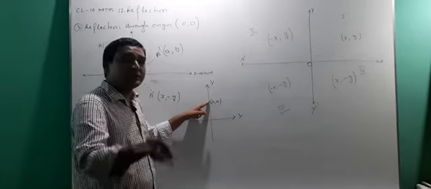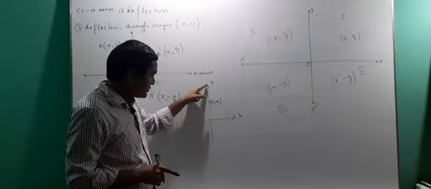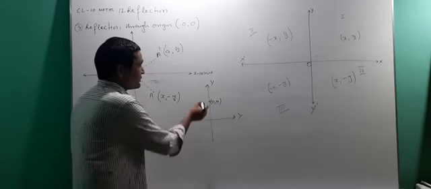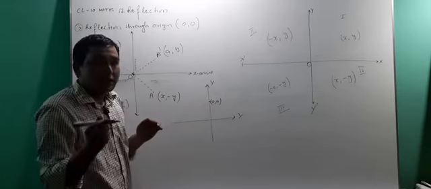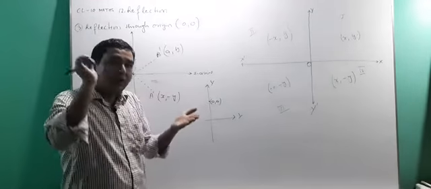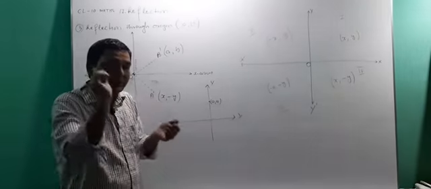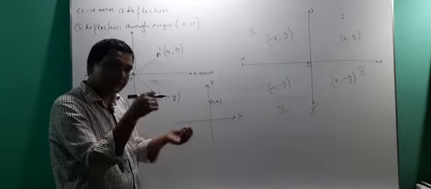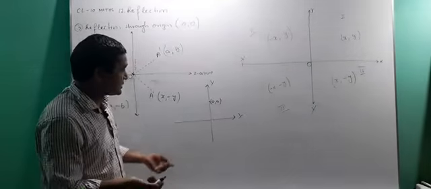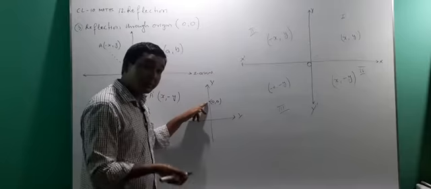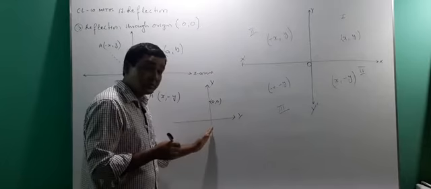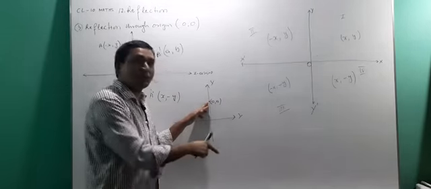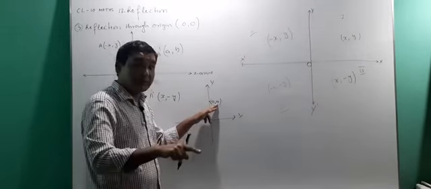If it is reflected through the y-axis, then the image coordinates remain the same. Just like if you put a dot on the mirror, the image is formed just there. So suppose the y-axis is the mirror and you put the dot there, the image is formed at that point only. That's why the coordinates remain the same.